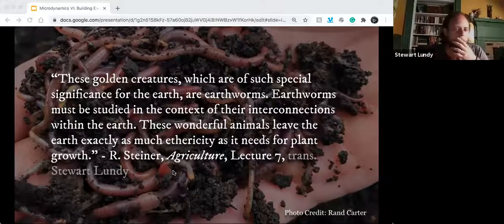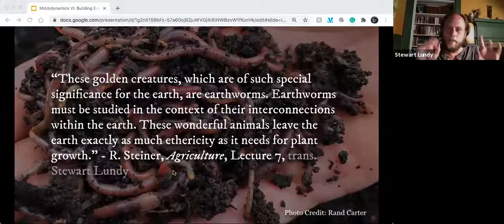Really can be. But these can be your livestock. You may not have cows. You might have to buy in preps, but you can produce almost everything you need from your own resources, particularly if you focus on the earthworm. Ehrenfried Pfeiffer's own research on the composition of the 500 horn manure found that there was a lot of overlap between the bacterial population of earthworm castings and the 500 horn manure.